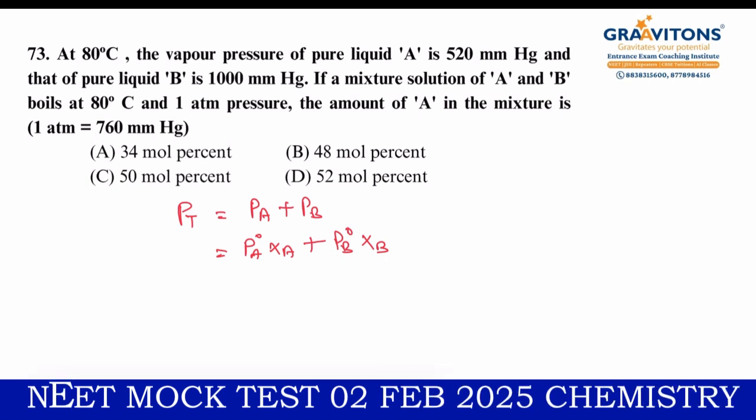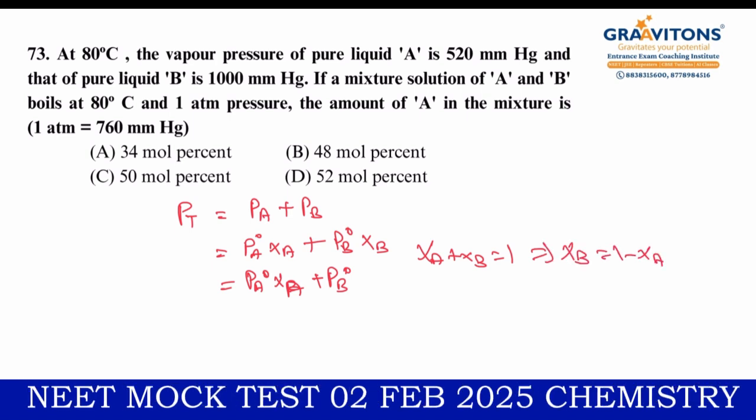Okay, so here I am going to convert XB in terms of XA. We know that XA plus XB is equal to 1, and hence XB is equal to 1 minus XA.